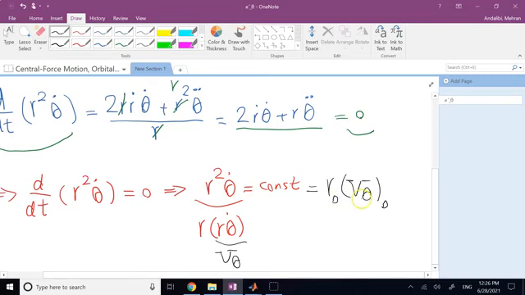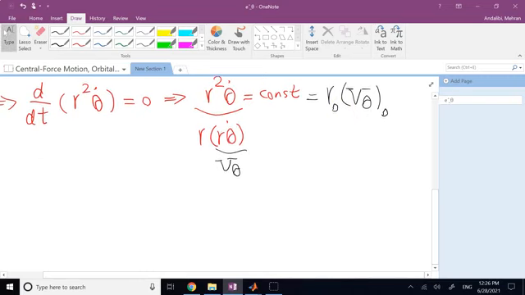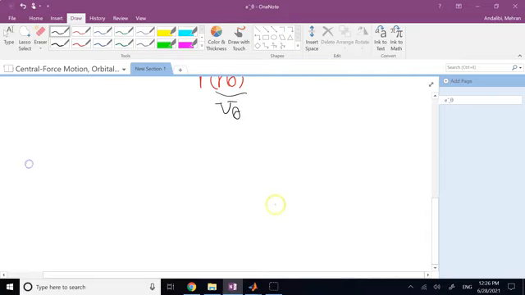Now, how much are these? Well, when you're launching the satellite into orbit and giving it an initial velocity so that the exact shape of the orbit is determined, the initial condition is like this. So this is your Earth, this is the satellite.